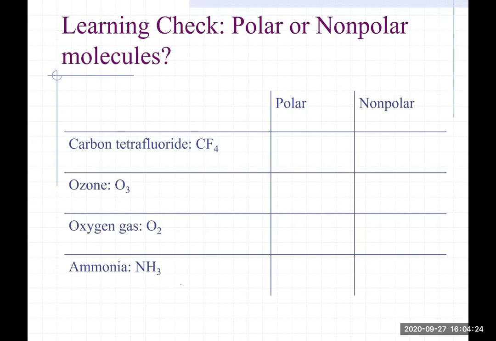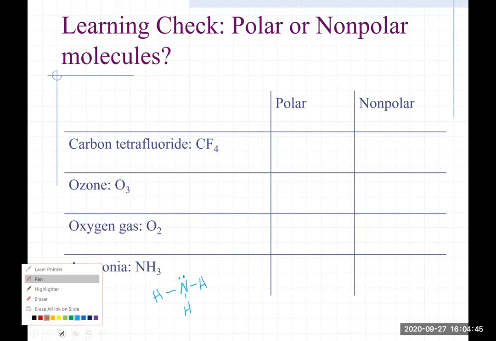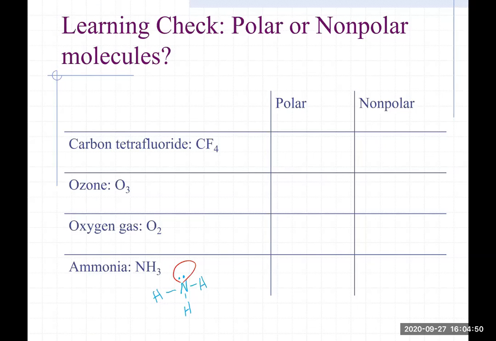If we draw the Lewis structure for ammonia, now with this Lewis structure, honestly, we don't even need to draw the VSEPR structure to make this determination. The reason we don't even need to draw the VSEPR structure is because we know we have 4 ends to this molecule.